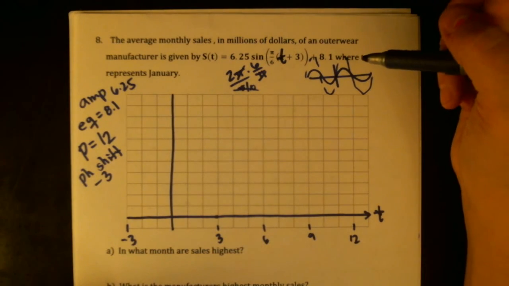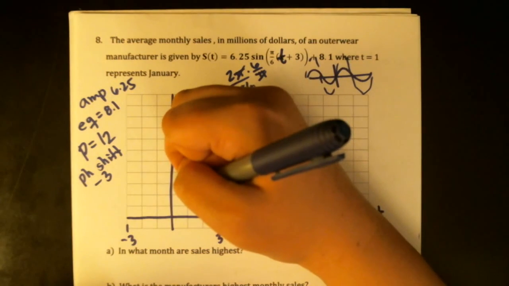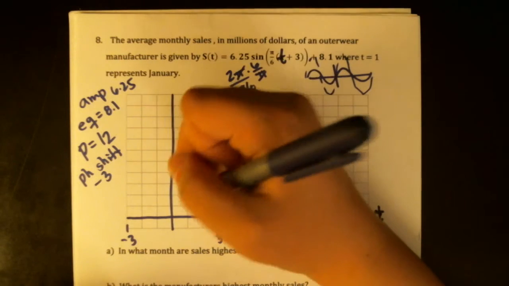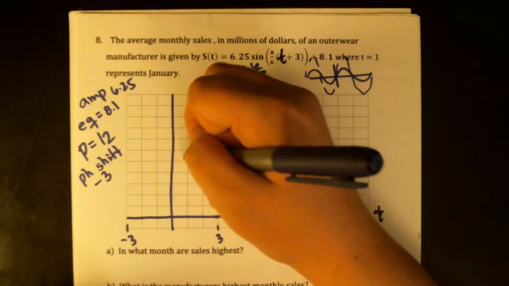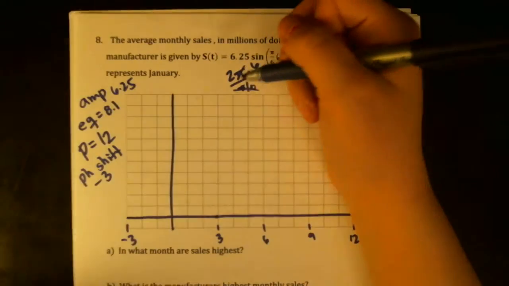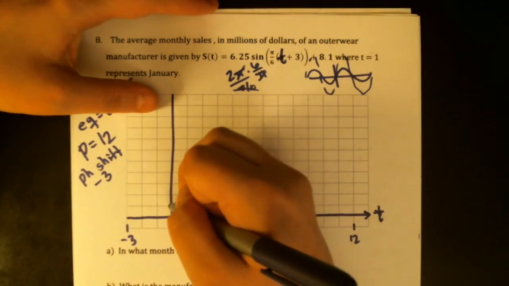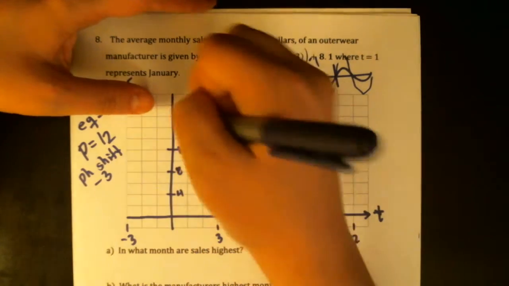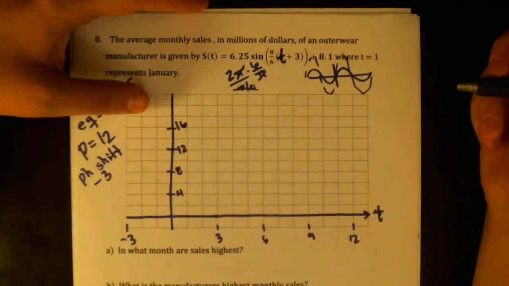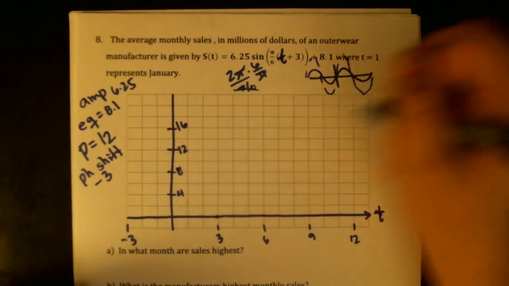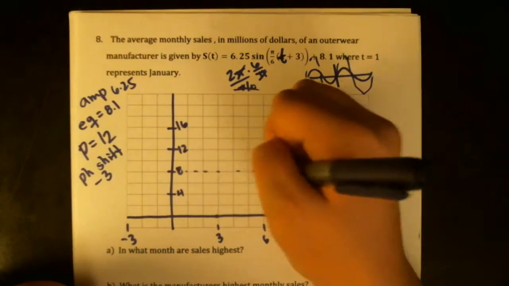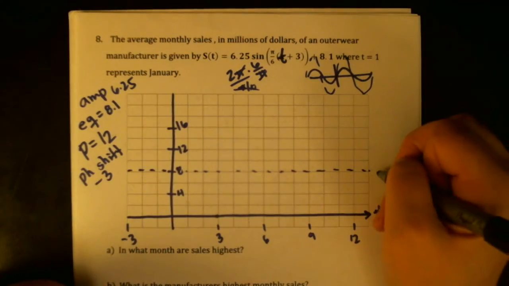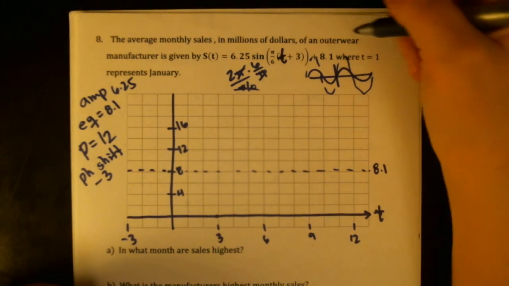Okay, so equilibrium is at 8.1. So let's say this is, do I have enough room? 2, 4, 6, 8, 10. Not quite enough room. I'm being silly. Okay, so this is going to be 2. So this is going to be 4, 8, 12, 16. That's more than enough. Okay, so 8.1, just barely above this is going to be my equilibrium. Looks like it's on that, but we'll label. 8.1 is equilibrium.